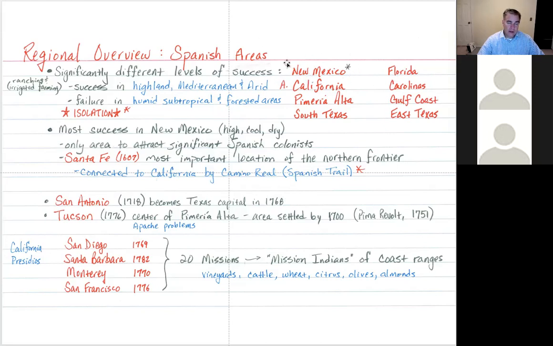And the New Mexico region became the most Hispanicized region of the present day United States. However, we have to remember that the people who were colonizing New Mexico were essentially Europeans, not mestizos and not Indians, but they did intermarry to a small degree among the local peoples up in the upper Rio Grande Valley.